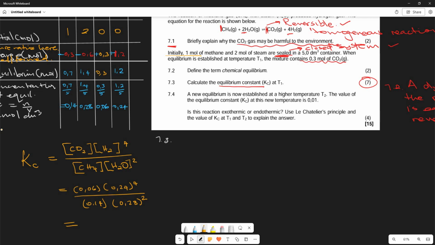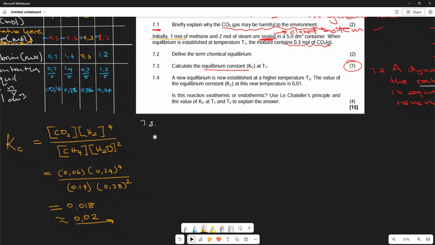So that's going to be 0.06, okay, there's no square there, then 0.24 to the power 4, then we have 0.14 in brackets and 0.28 squared, which gives me 0.018, in which we are informed to round off our answer to 2 decimal places. So that will be the value there.